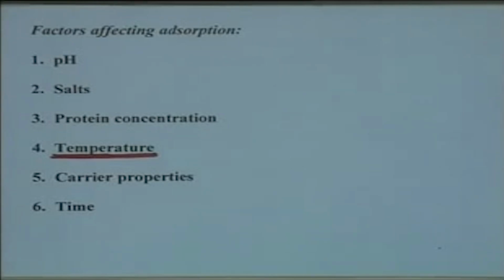But we consider adsorption at a narrow range of temperature. The primary factor responsible for the increase in adsorption with temperature is that when the protein binds to a surface, there is some unfolding of the protein molecule, which is an endothermic process.